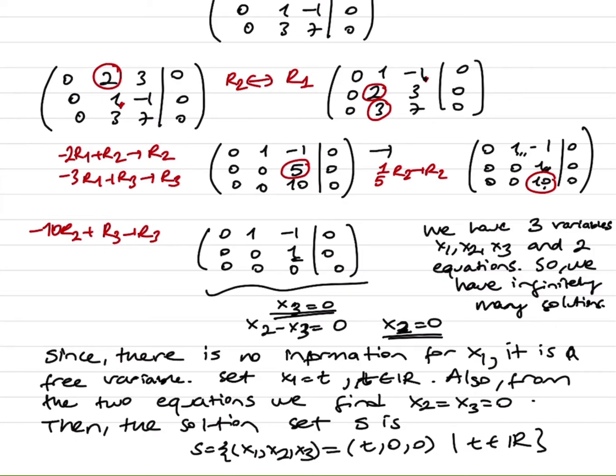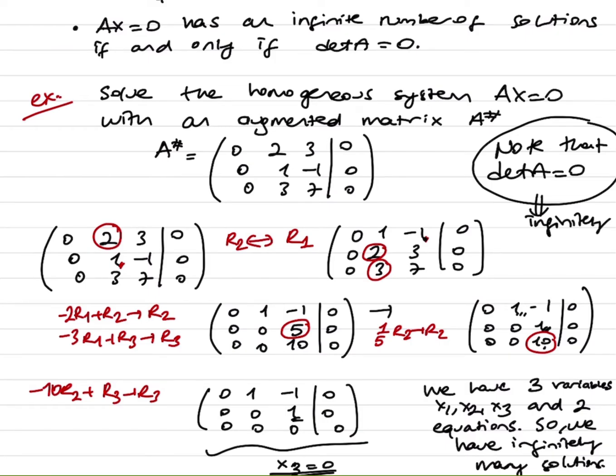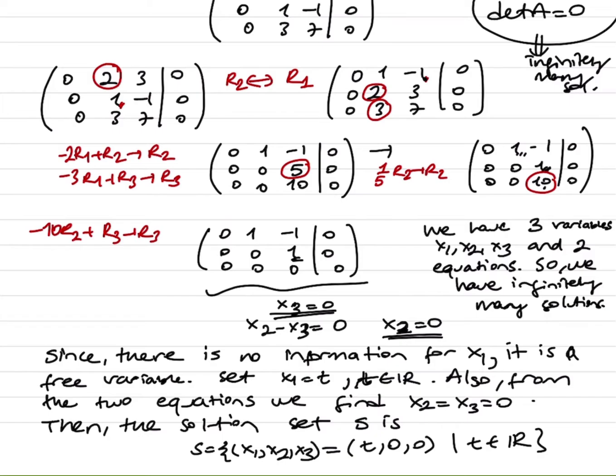Also note that the determinant of A is equal to 0, so this already implies that it has infinitely many solutions, and we find infinitely many solutions.